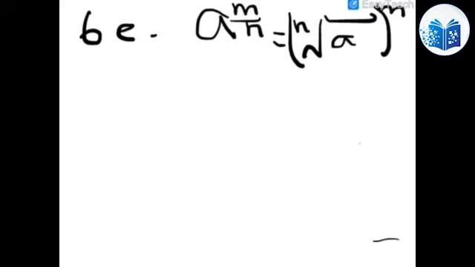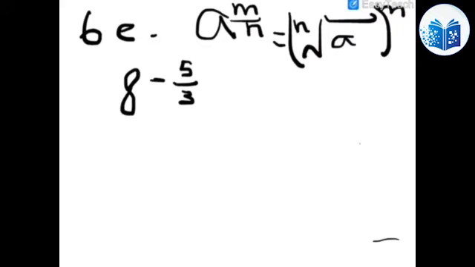So in question number 6E, the question is 8 power minus 5 over 3. So how will we solve it?